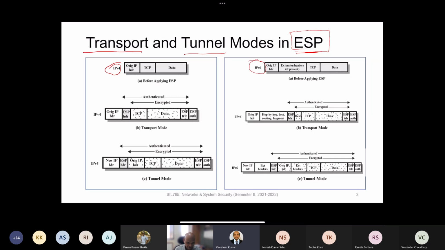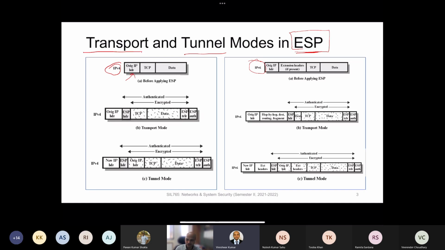There is not much difference between those two, and therefore I will go into a little depth while discussing the IPv4 packet, and then the IPv6 packet will be a direct extension of what we would have discussed for IPv4. So for the IPv4 packet, you have an IP header.